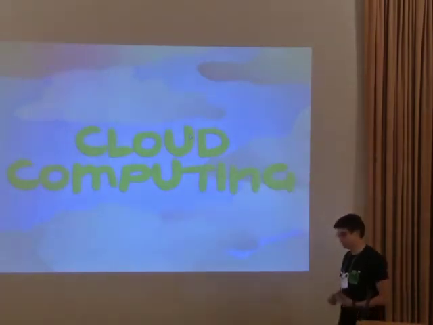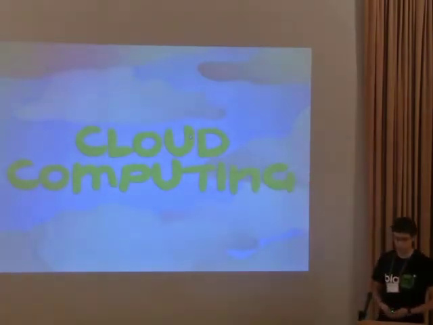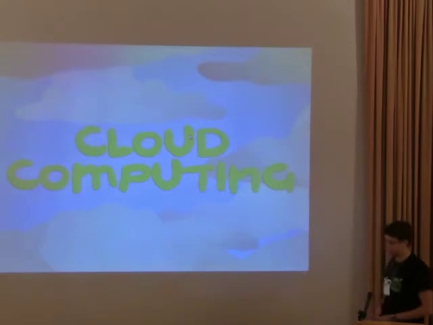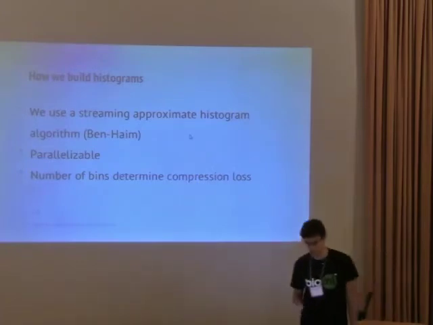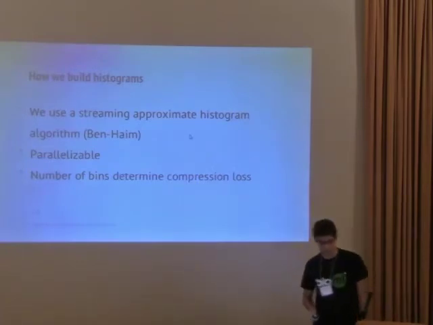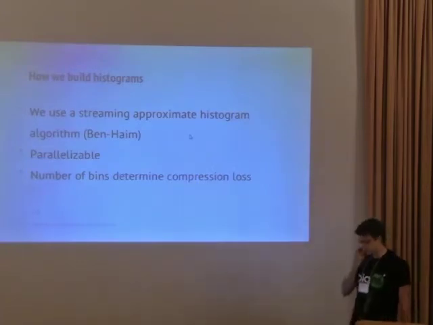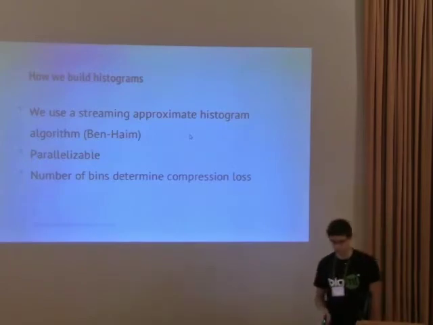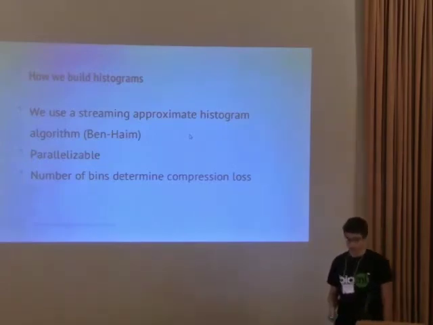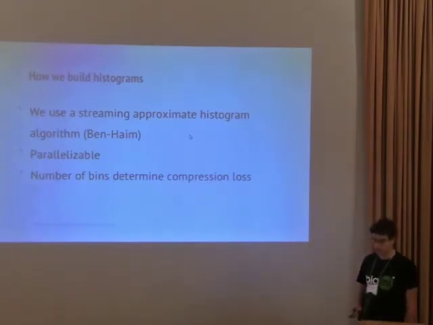Of course, we've built this on top of the cloud. We're now using Amazon Web Services. And as this is a machine learning conference, it's better if we talk about the details behind some of these histograms. And we're using a streaming approximate histogram algorithm, by Ben-Haim. This lets us build a memory-constrained summarization of our data source in one single pass.